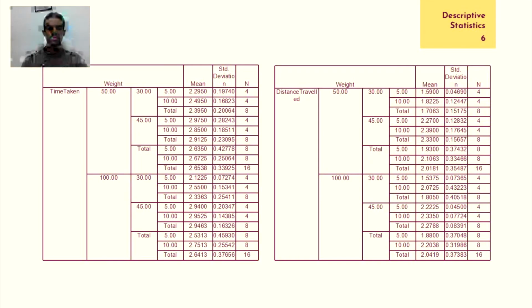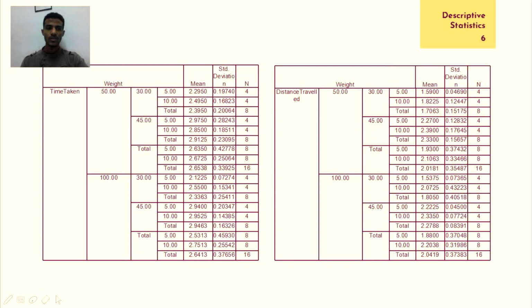Hello, I am Ammar. My matric number is 199664. First of all, I am going to talk about the descriptive statistics. We have these two tables from our experiment describing the time taken and the distance traveled. The parameters here are the mean, standard deviation, as well as the population.